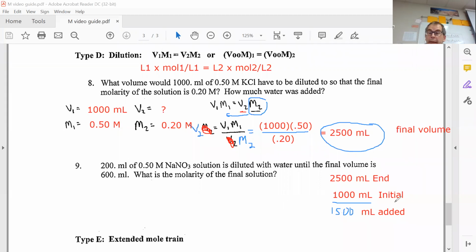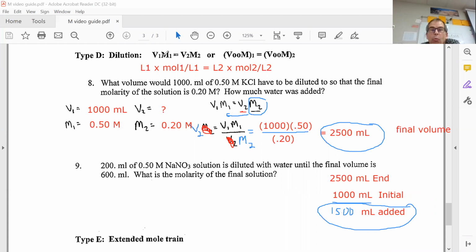That would be this answer right here. This one's typically what you're going to be asked for. You might be asked for a different molarity, but you can see how you do that, and it'll actually help you when we prep solutions. You know how much to add. If you were prepping that solution, all you would have to do is add the water, mix it, and you'd be done with that.